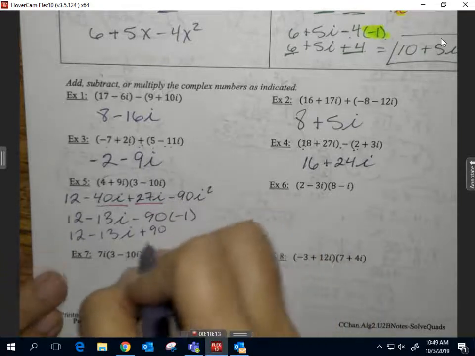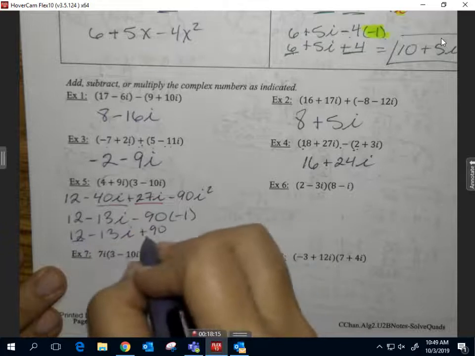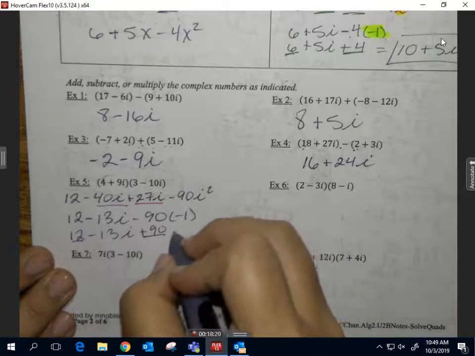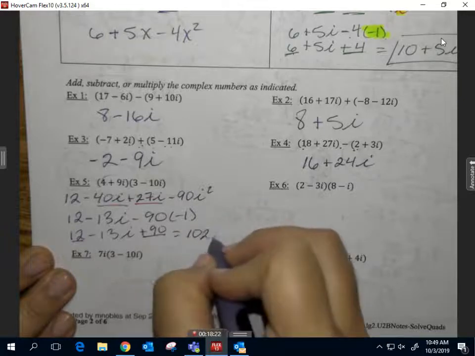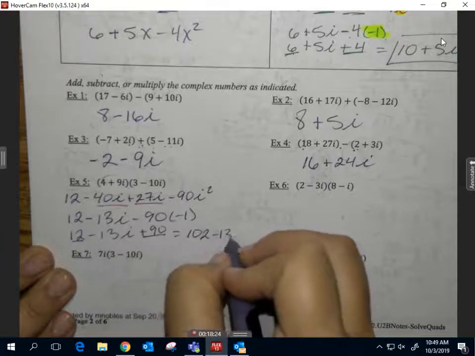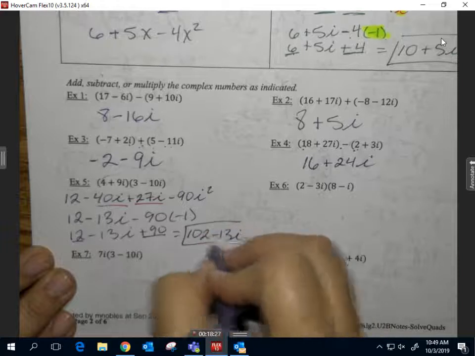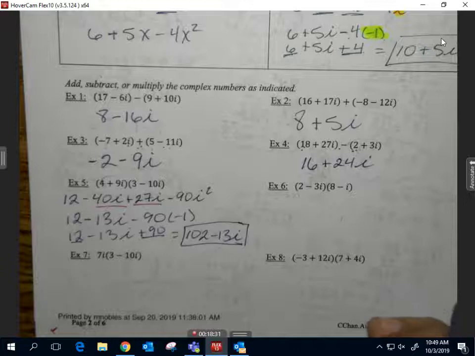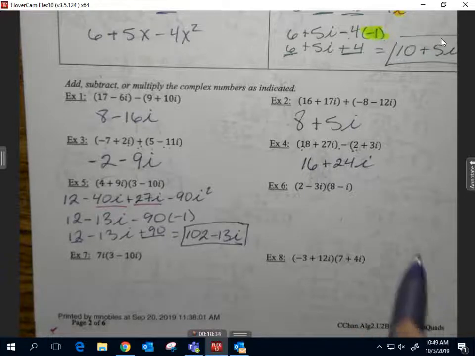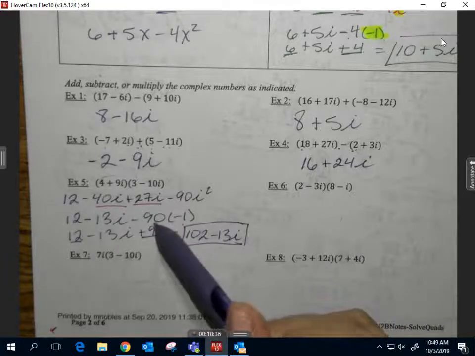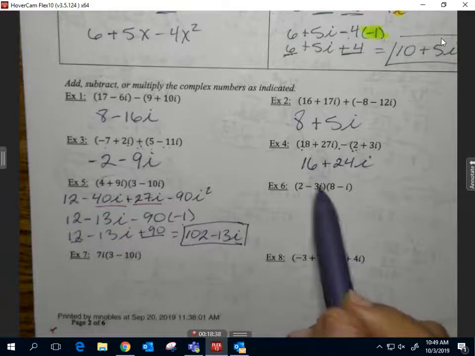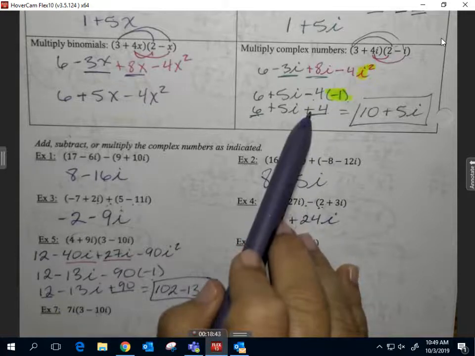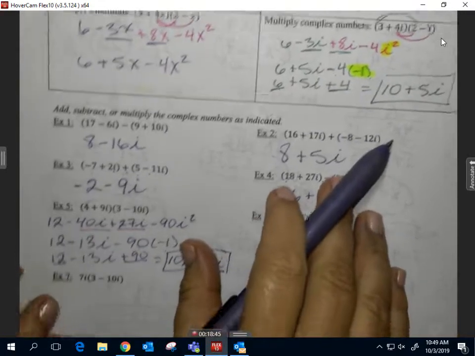And so our final answer, we're going to combine positive 12 and positive 90, which gives us 102 minus 13i. Make sense? So essentially all that negative 1 is doing is going to change that third number to its opposite. Like it did up here. Like up here we had a negative 4, now it became plus 4 because we multiplied it by negative 1.